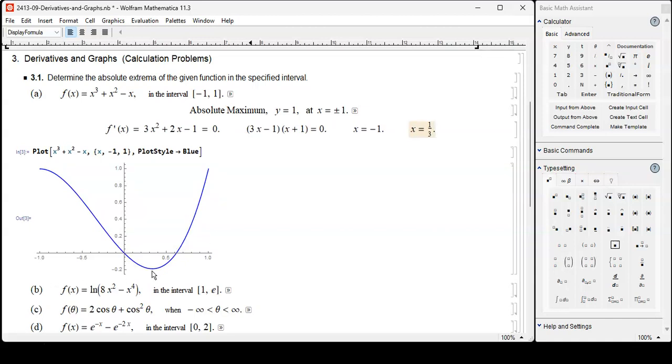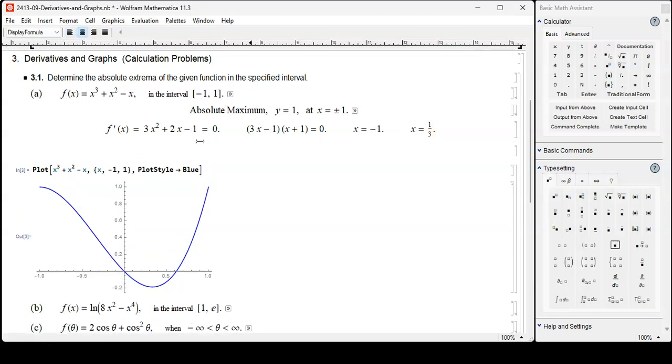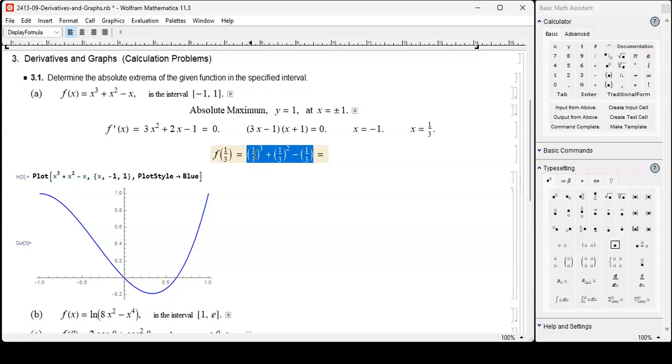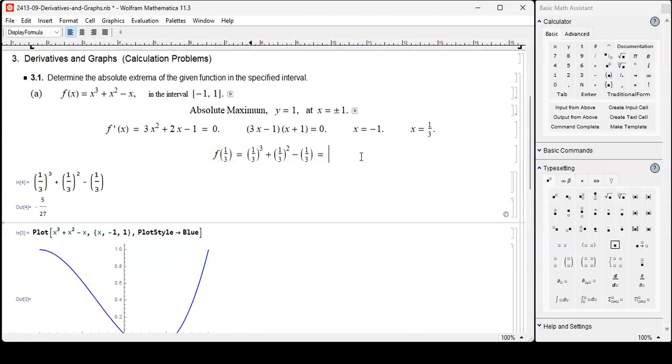And in that case, what do I get? f of 1/3, which is, oh boy, 1/3 to the third power plus 1/3 to the second power minus 1/3, and this I give up. I'll just put it into a calculator. And then I get negative 5/27.